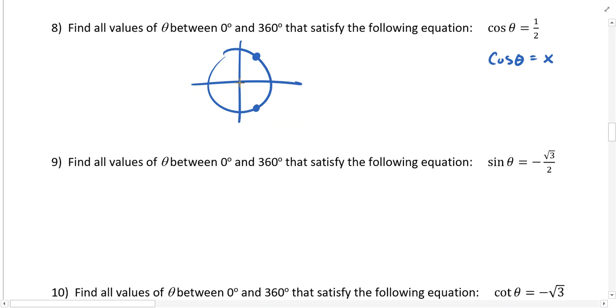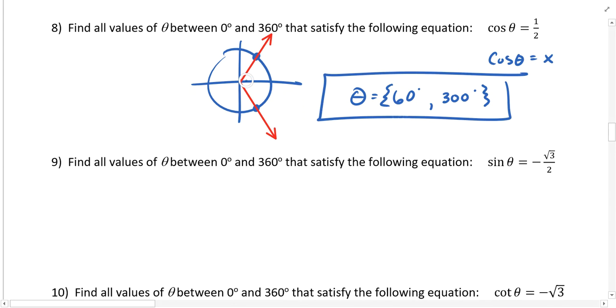Now, the angle measure associated here is 60 degrees, whereas the angle measure here is 30 degrees beyond 270, or 300 degrees. So we can report this answer, theta, as 60 degrees and 300 degrees. And again, these two results are easy to obtain if you've got your unit circle memorized, which is expected in order to be prepared fully for this test.